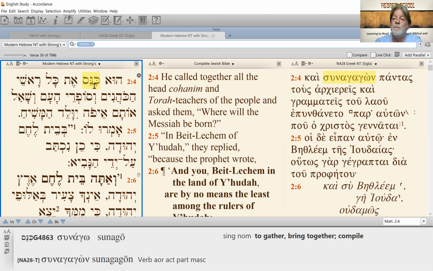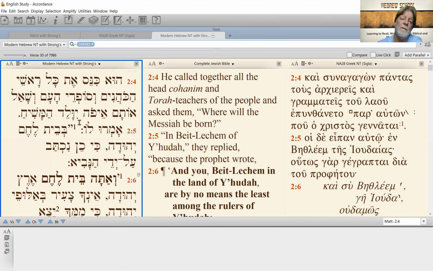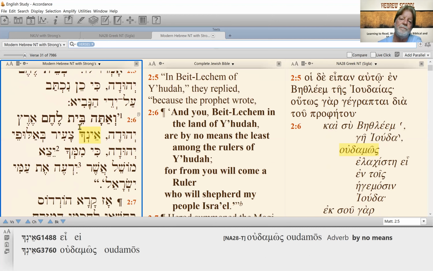Usually it's religious business, like a worship service or studying the scriptures. But it can also be kind of a political gathering or a social gathering. It's just a place where people get together. So Herod kinast, he got together all of his chief priests and scribes of the people, and he asked them where the Messiah was supposed to be born.